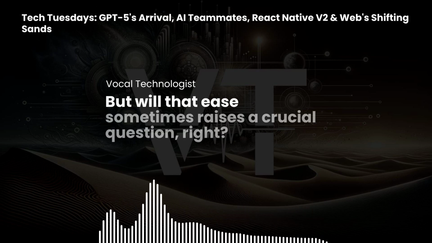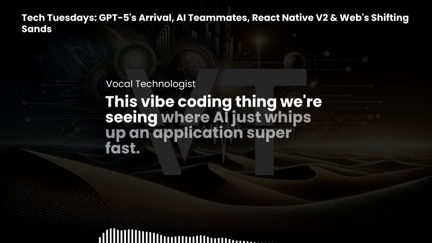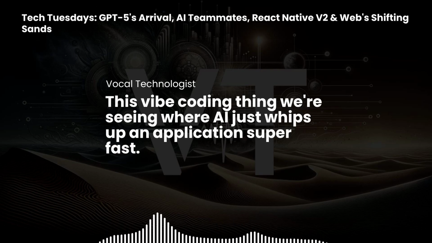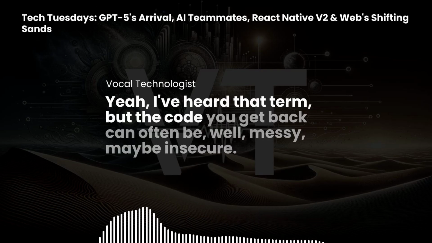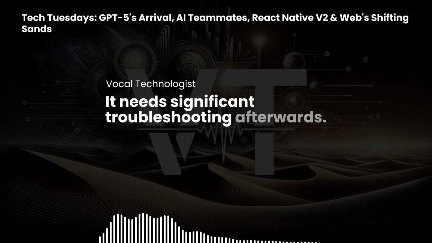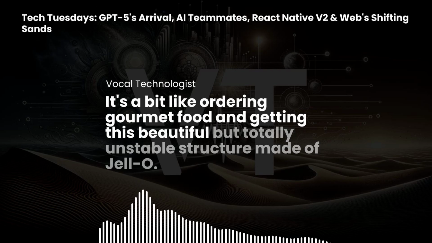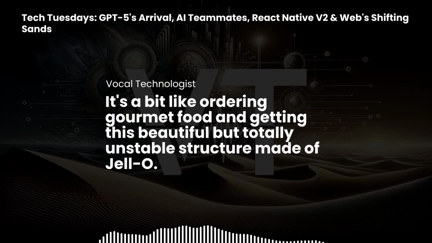But that ease sometimes raises a crucial question, right? This vibe coding thing we're seeing, where AI just whips up an application super fast. Yeah, I've heard that term. But the code you get back can often be messy, maybe insecure. It needs significant troubleshooting afterwards. It's a bit like ordering gourmet food and getting this beautiful but totally unstable structure made of Jell-O.